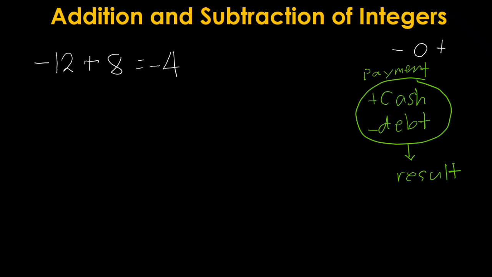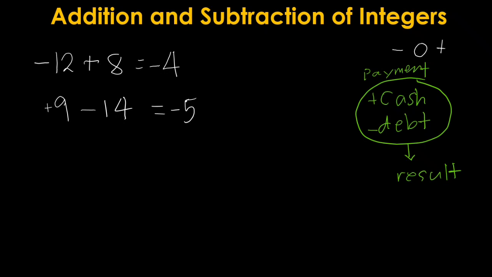Now let's try another one. 9 minus 14. Here, if you don't see a sign, that means it's positive. So you have a cash of 9 and you have a debt of 14. We take the action of payment. How much do you have? You still owe because your debt is more than your cash. So you still owe 5.